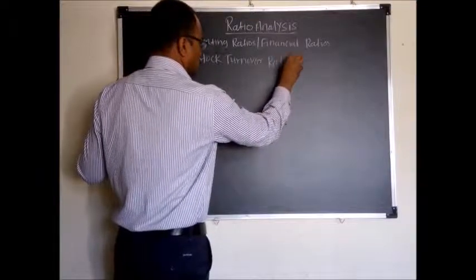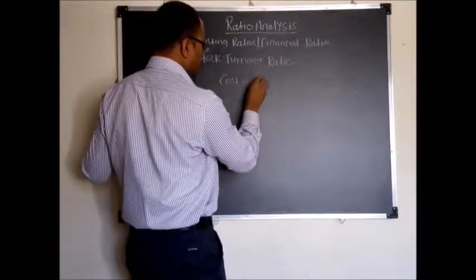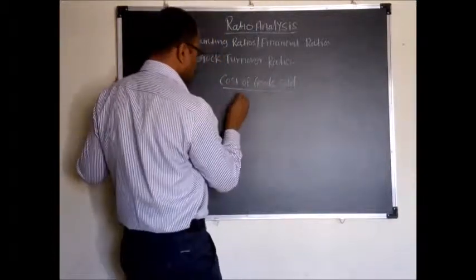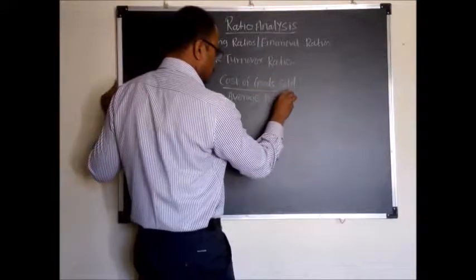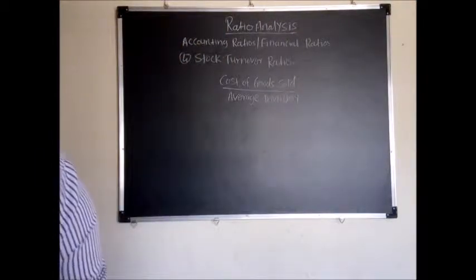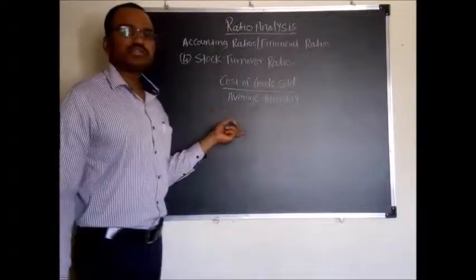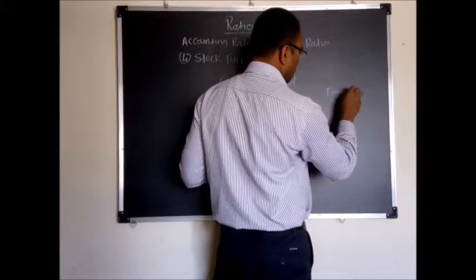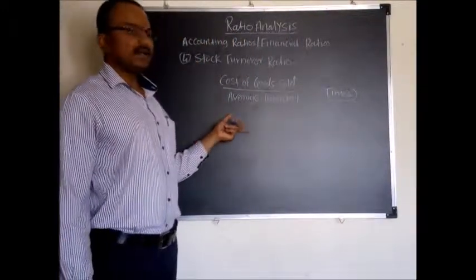The stock turnover ratio is calculated by using this formula: cost of goods sold upon average inventory or stock. This ratio is expressed in times.